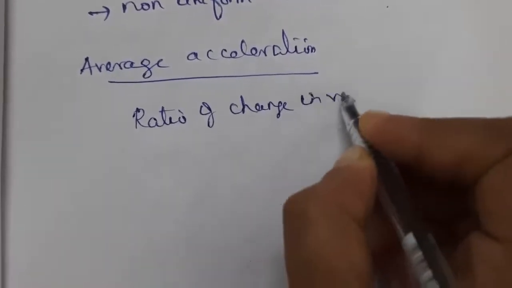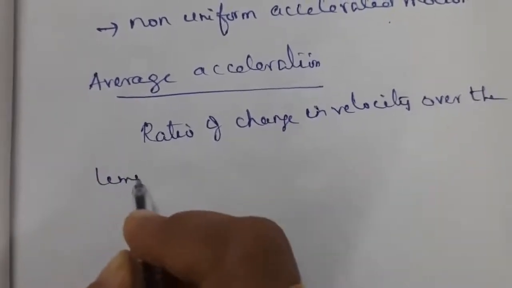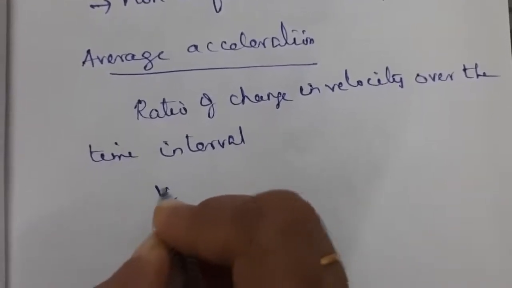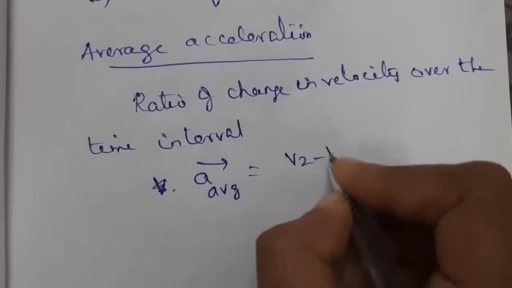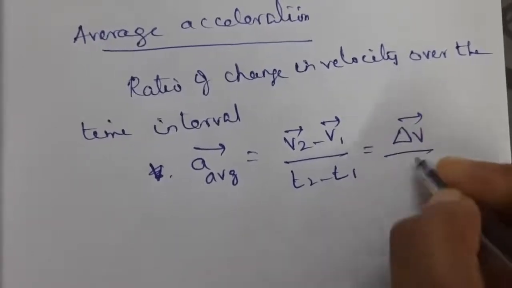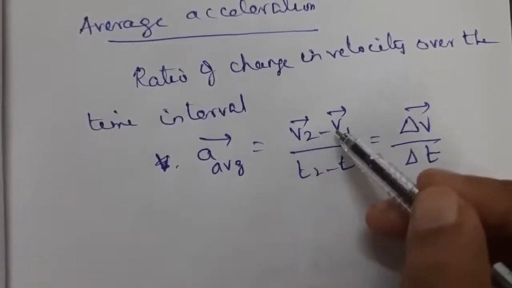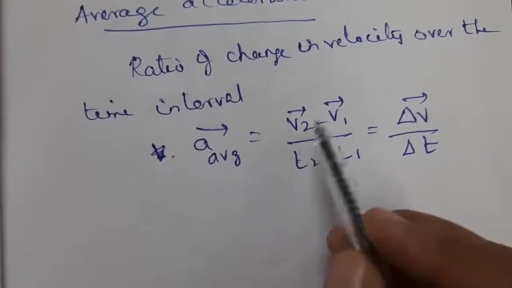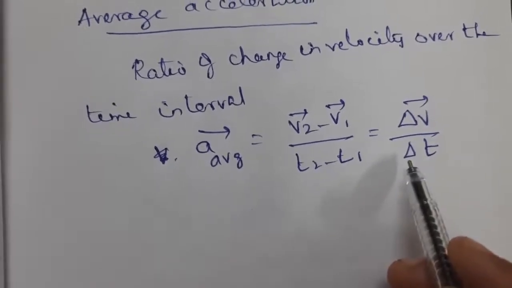So we can write, average acceleration is equal to v2 minus v1 divided by t2 minus t1, which can be written as delta v by delta t. This is also a vector quantity.